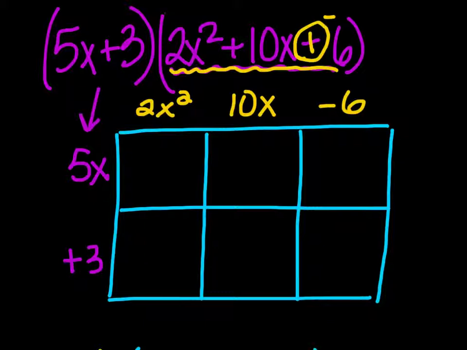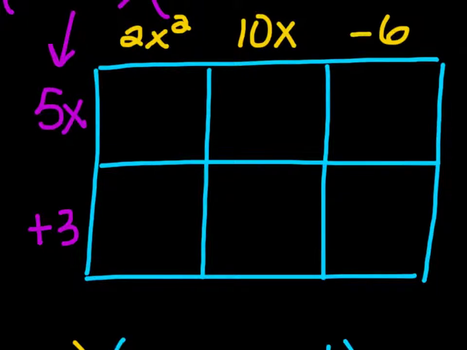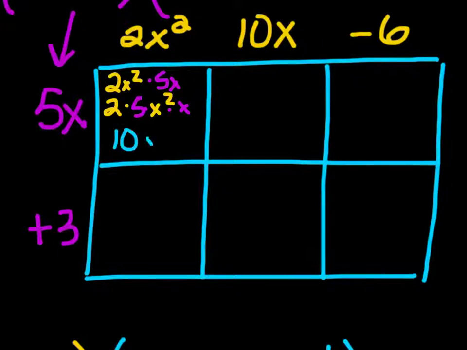I'm going to zoom in a little bit so we can see just this rectangle here. All right, so on here we can do the math. We have 2x squared and we're multiplying that by 5x. So really we have 2 times 5 times x squared times x. We can do all that math work and we have 10x to the third for that box.